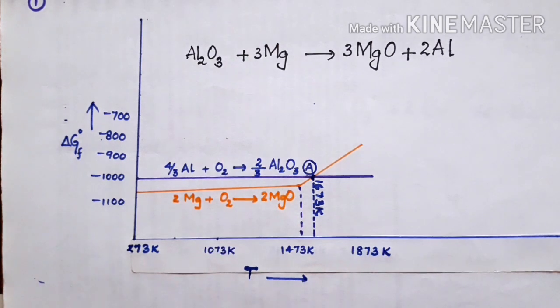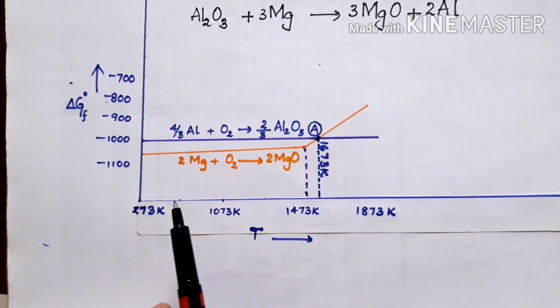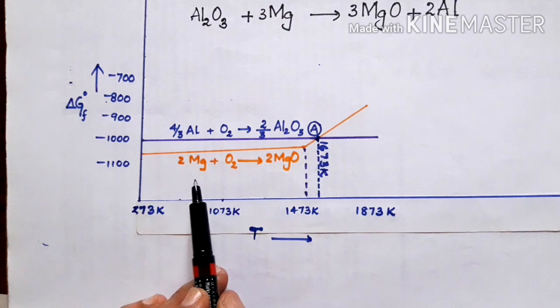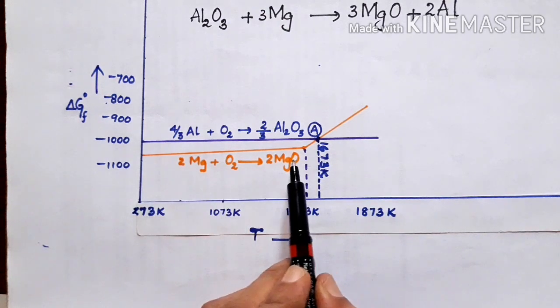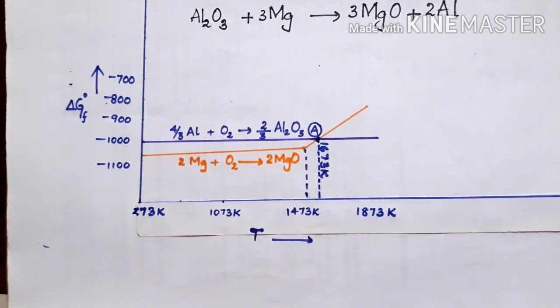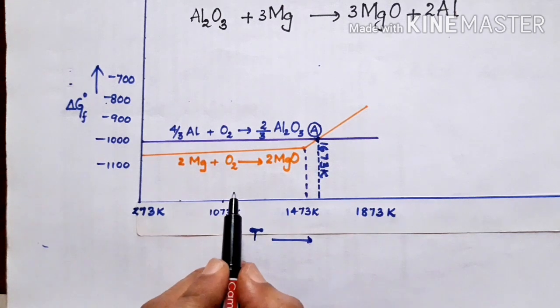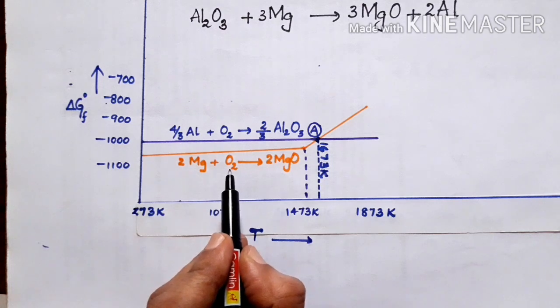According to the graph given for Ellingham's diagram, we find that the formation of the oxide, magnesium oxide, is the lower line compared to that of aluminum oxide. So according to Ellingham's, it is a must that the reaction of the element should be with 1 mole of oxygen.